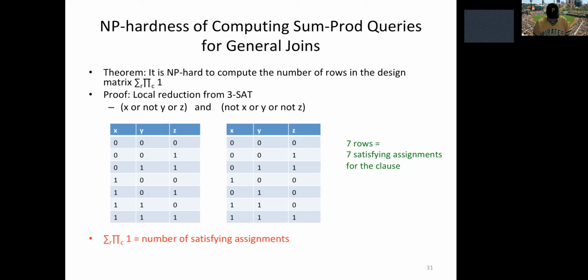Here's one problem that you run into if you try to generalize this: it's NP-hard to even decide whether the join of your tables is empty or not. There's a simple reduction from 3-SAT to show that.